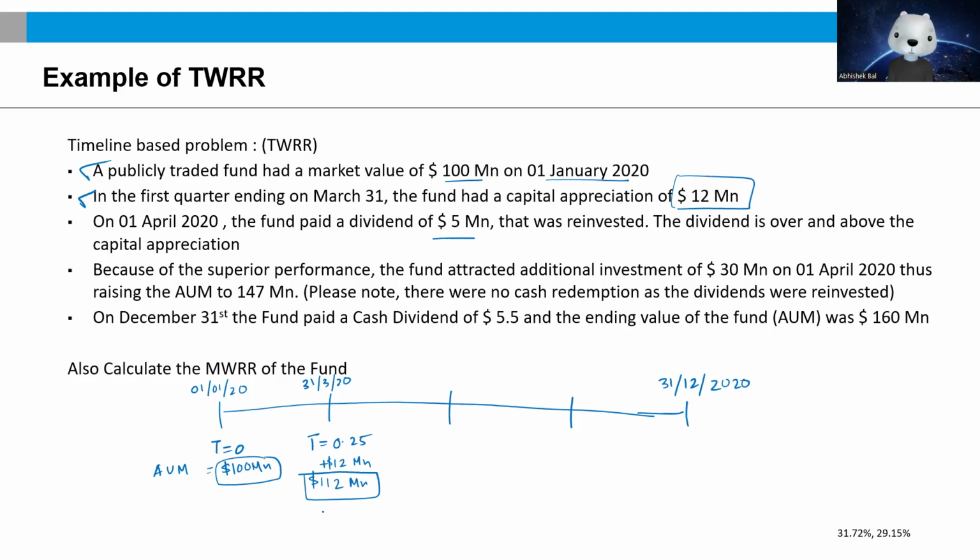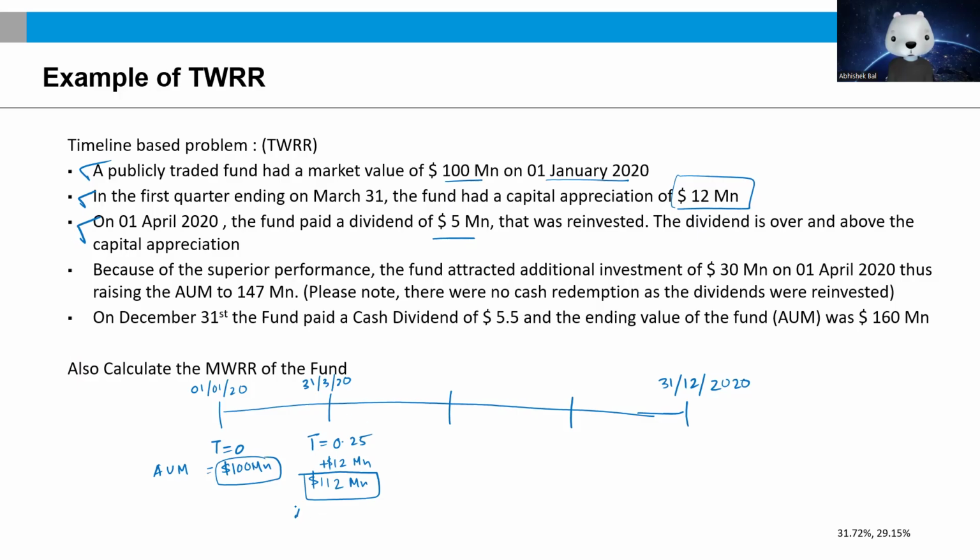That means that the total appreciation has been actually $17 million, of which 12 million is within the fund already being declared as capital appreciation, and 5 million was being declared as a dividend. However, that dividend was reinvested over in the fund itself. That means that there was no cash payout. This is an important aspect that I want you to understand out here.